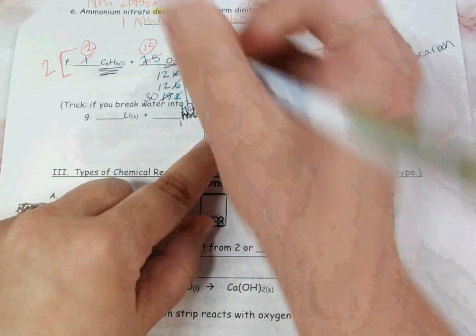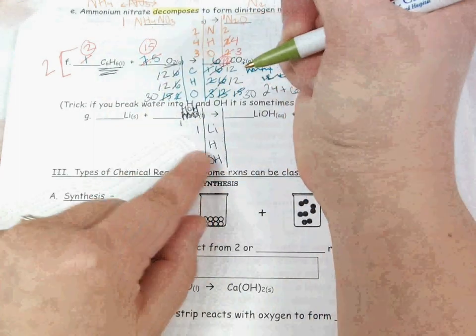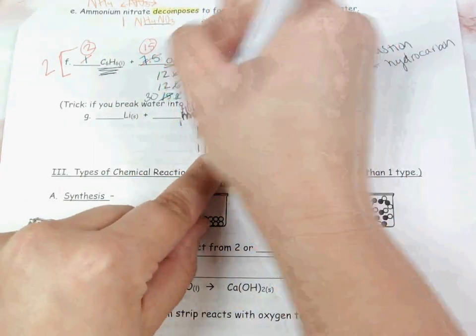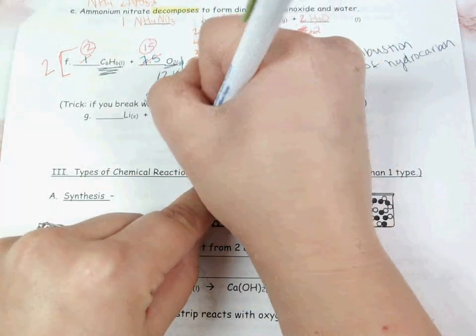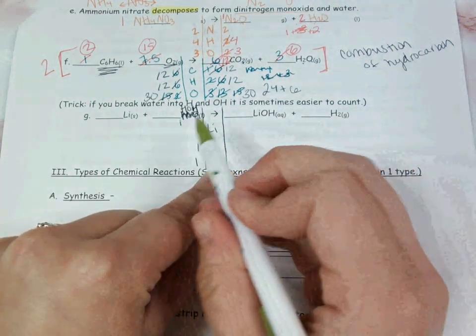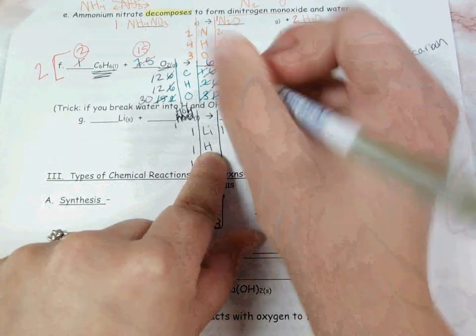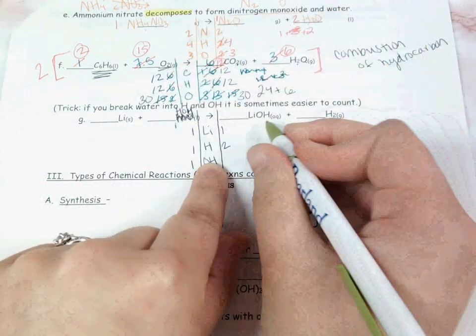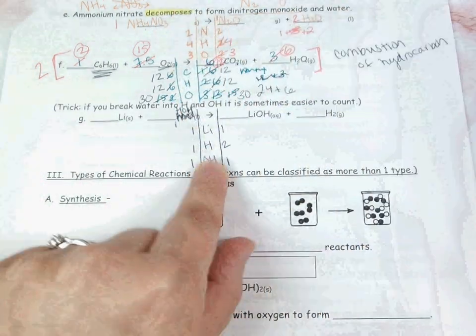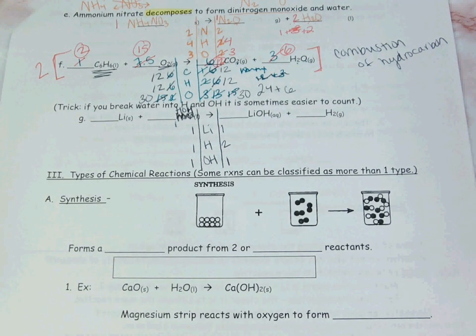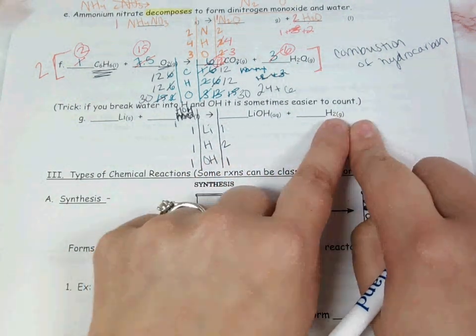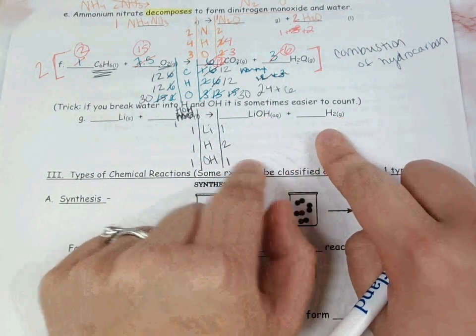So next to lithium, I have 1 lithium, I have 1 hydrogen, and I have 1 hydroxide. On my product side, I have 1 lithium, I have 2 hydrogens, and I have 1 hydroxide. This makes it easier because then you don't have to think, okay, I have 2 and 1, and you don't have to add them up and make it equal 3.